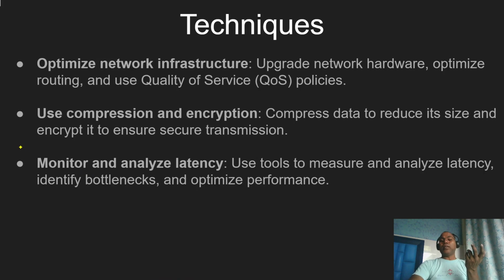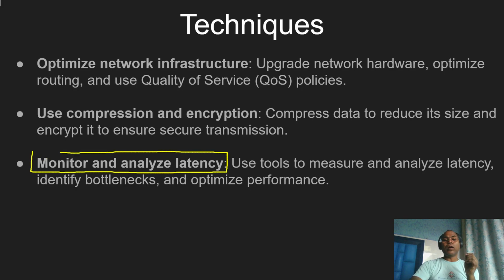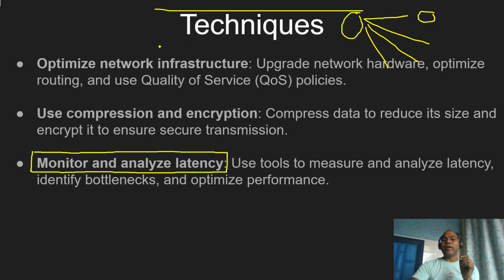We have to plan them, and we have to monitor and analyze our application latency, our database call latency, third party microservice call latency, and the network latency between your application and customer.